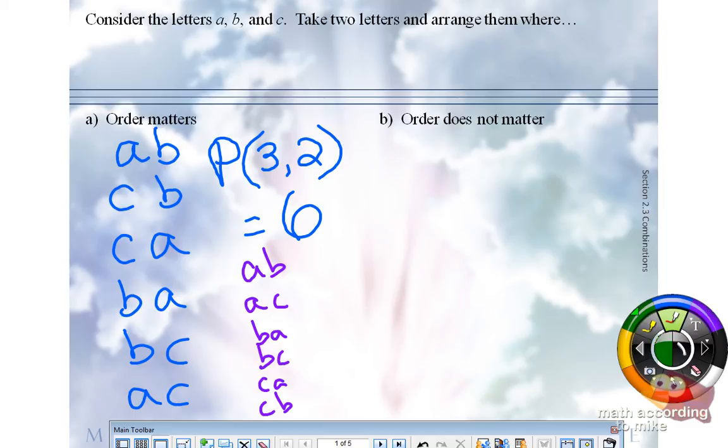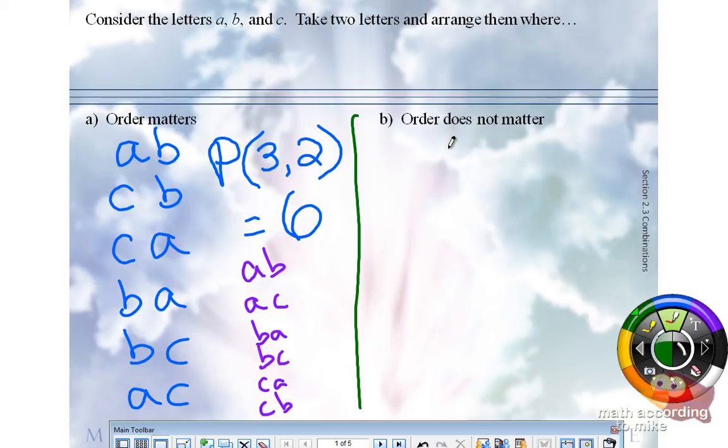Now, let's compare this to part B. Order does not matter. So it does not matter the order in which you pick up the blocks as long as you pick up those blocks. So you're going to pick 2, one at a time if you want to think about it that way, but order does not matter. What could possibly happen?